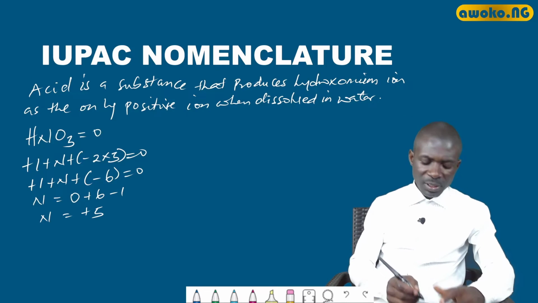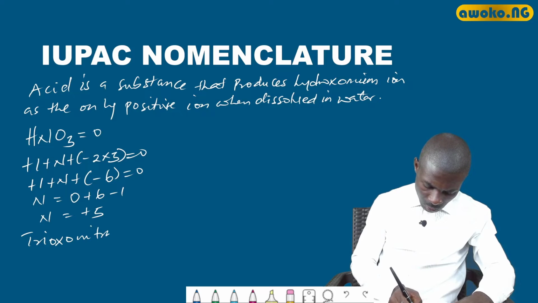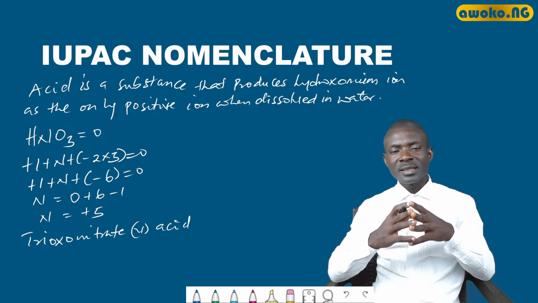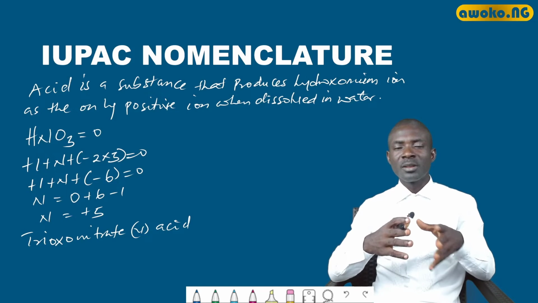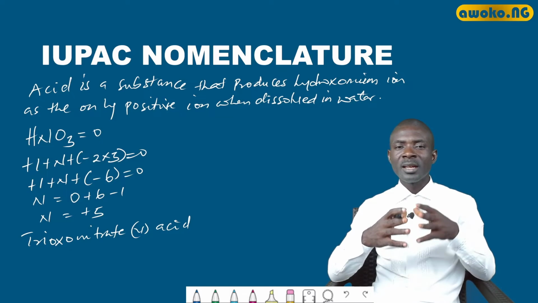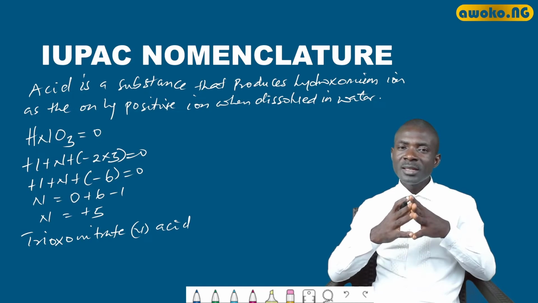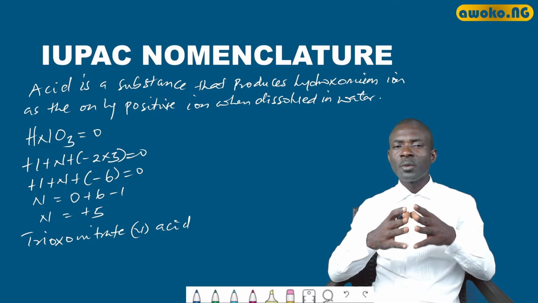So the name of the acid is called trioxonitrate(V) acid. Looking at this example, we can clearly see that in naming an acid, it is not necessary for us to name the hydrogen because it is already indicated that it is an acid. An acid, as we defined earlier, is any substance that produces hydrogen ion as the only positive ion when dissolved in water.